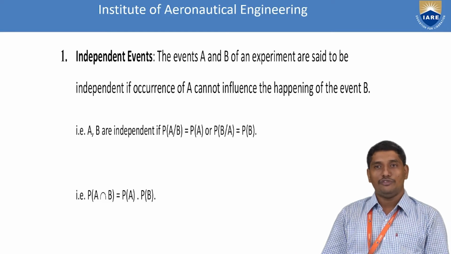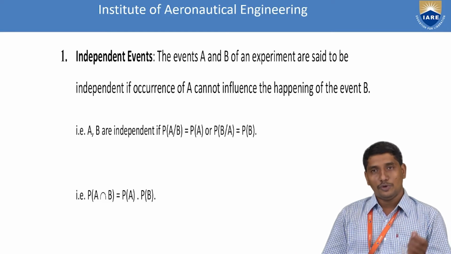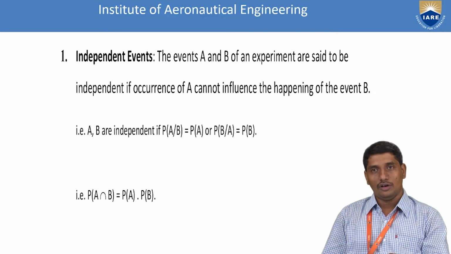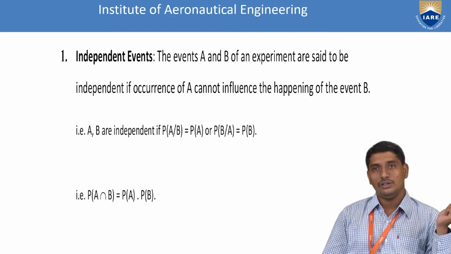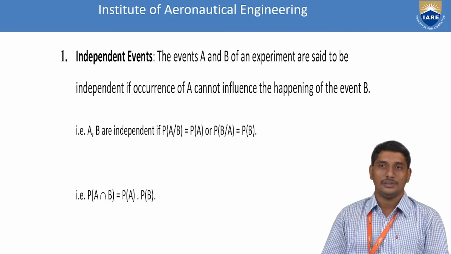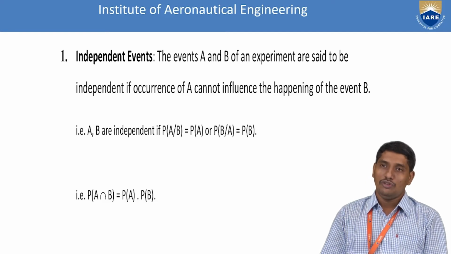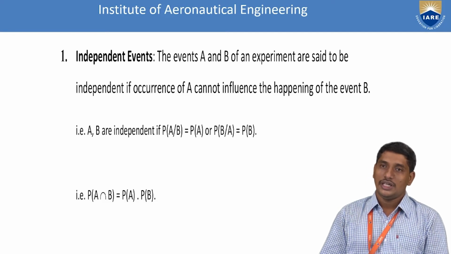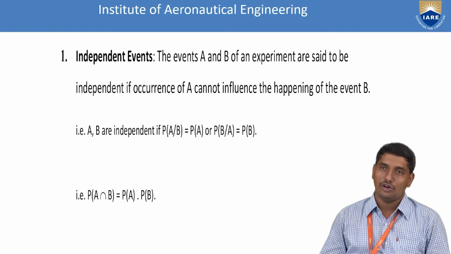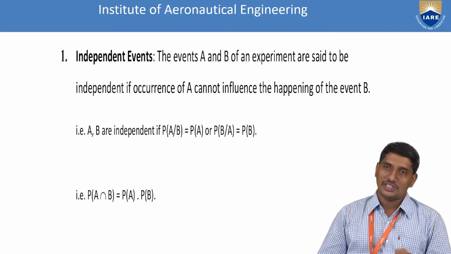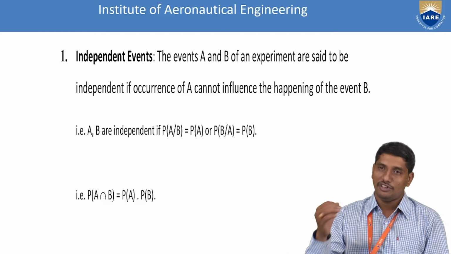P of A equal to P of A given B means that if you impose the condition B or withdraw the condition B, it doesn't show any effect. Both are the same. Similarly, P of B given A is equal to P of B. That is, A does not show any influence on B. That is, the happening of B is completely independent of the happening of A.